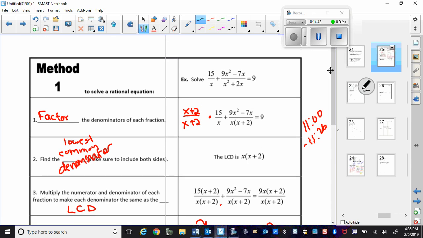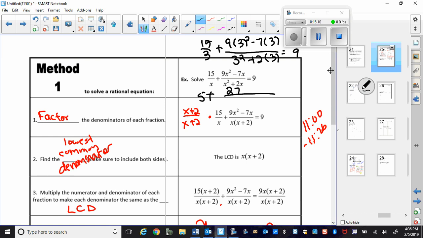Does this equal 9? Well, 15 over 3 plus 9 times 3 squared minus 7 times 3 divided by 3 squared plus 2 times 3 equals 9. Is this true? Well, I get 5 here. 15 over 3 is 5. On the top, I get 27.